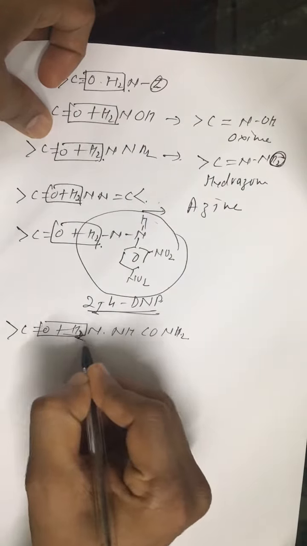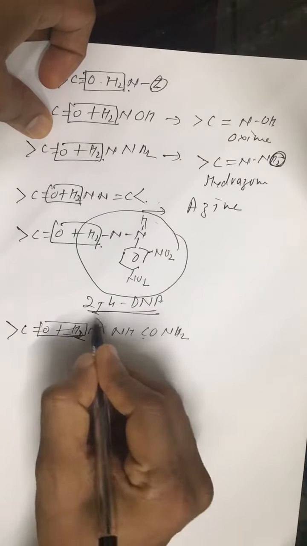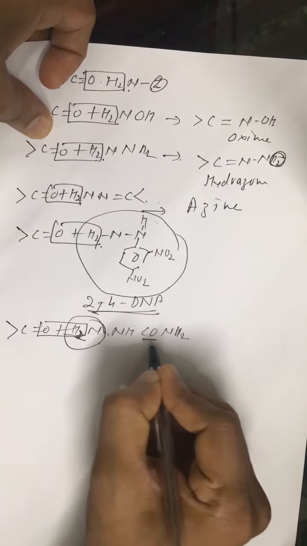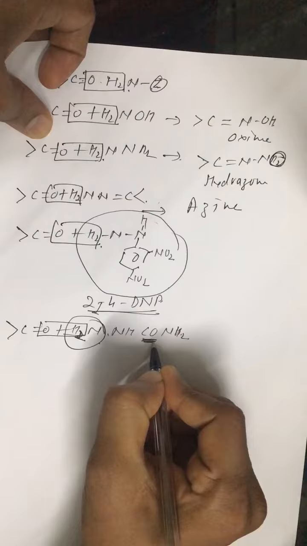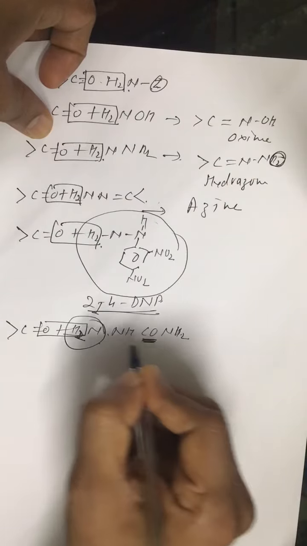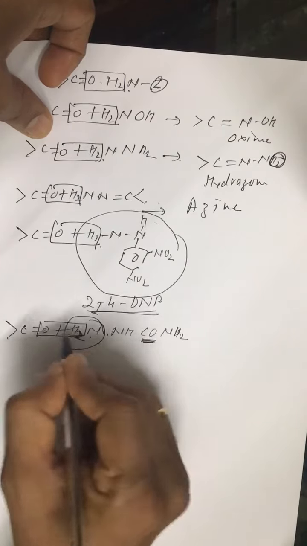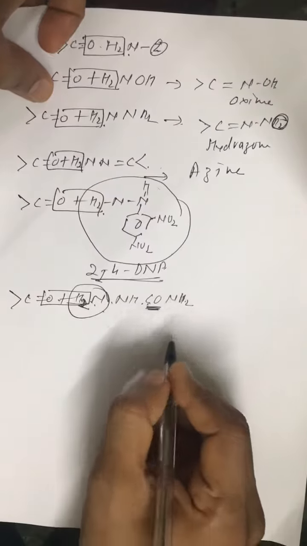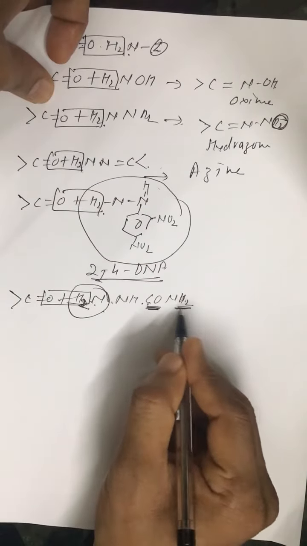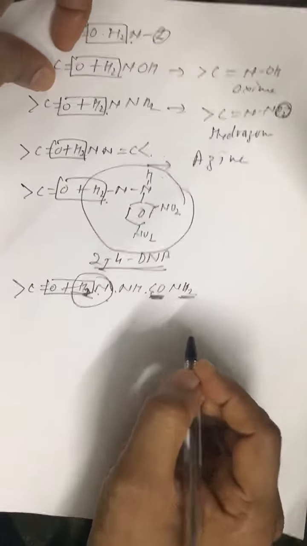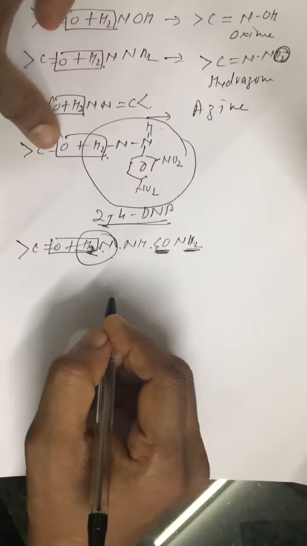You should be careful: the NH2 group which takes part in the reaction is the one away from the carbonyl group. The other NH2 group, next to the carbonyl, does not take part in the reaction, so you should be careful.